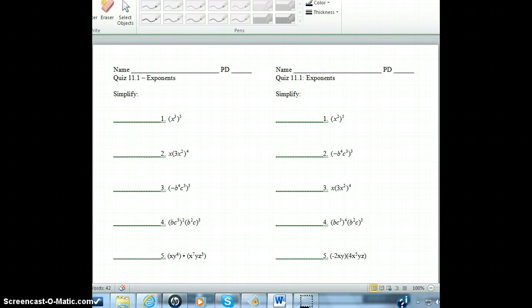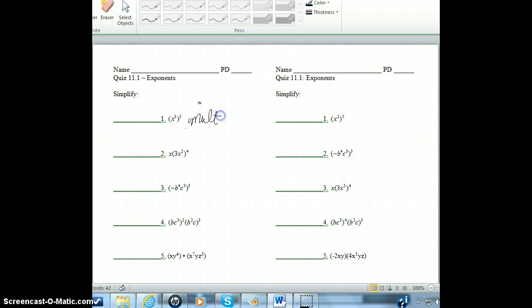So in solving for exponents, problem number 1, whenever you have an x raised to a power and you have a number outside of the parentheses, that means it's a power raised to a power. This is when you multiply.